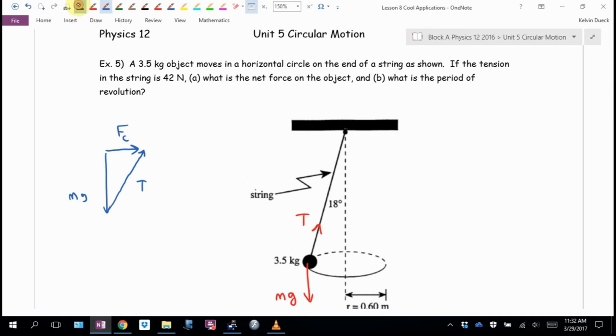FC. Wait. Isn't FC the net force when you're moving in a circle? So when A says, what's the net force? Because it's, how do we find FC? Winner minus loser equals. Okay. That's 18. I think that's 18 because tension next to a vertical line is 18 degrees. They told me tension, so FC, opposite, adjacent, or hypotenuse.